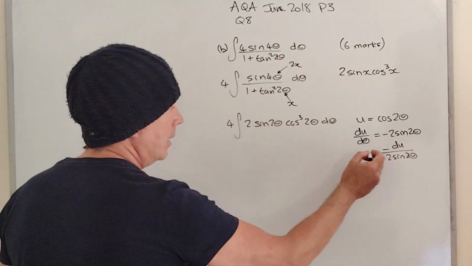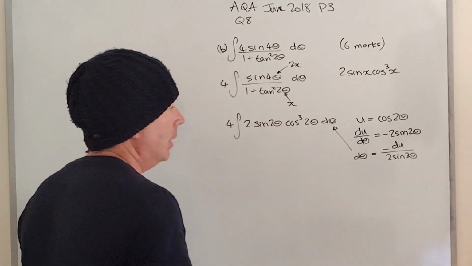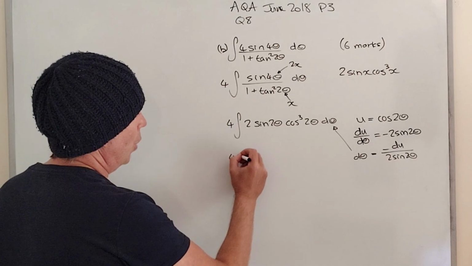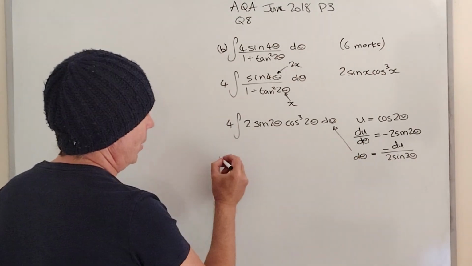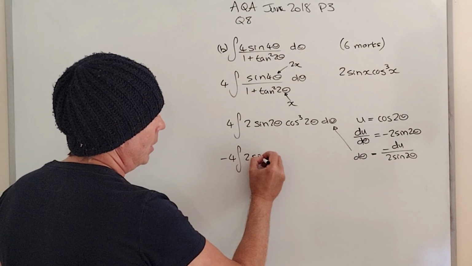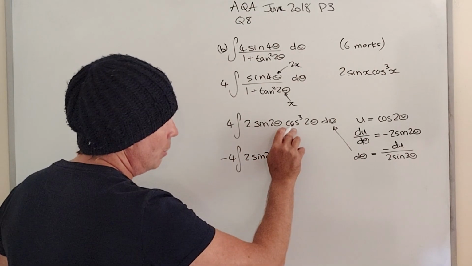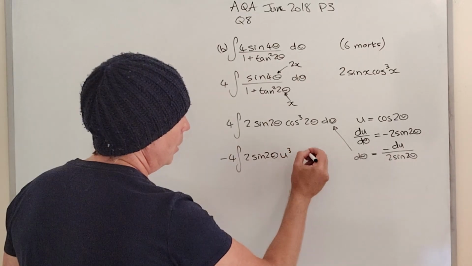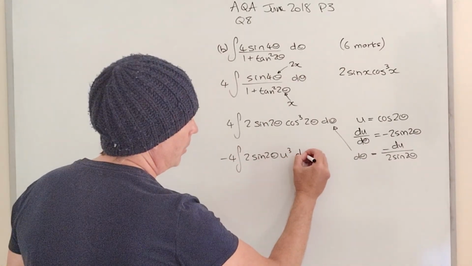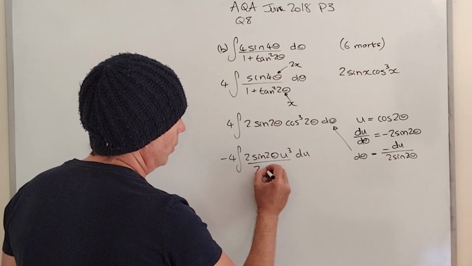So if we replace this up here, we end up with 4 lots of, I'm going to bring the negative outside, 2, and I'm going to write sine 2 theta there. I'm going to use my substitution, so that's going to be u cubed, and then d theta, we've taken the negative outside, it's just going to become du all over 2 sine 2 theta.